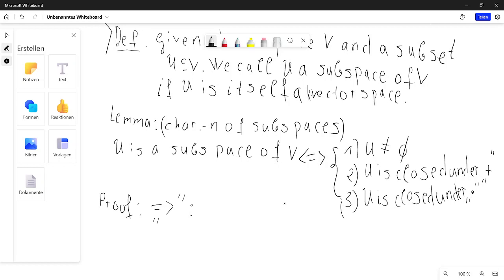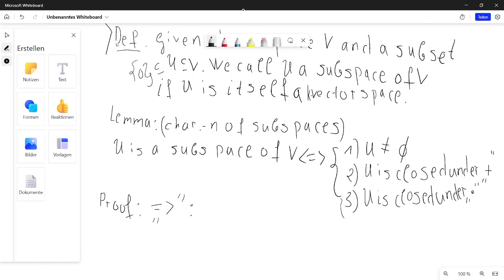Okay, I have forgotten something. We have to assume that it is not empty, so let's always assume that a subspace U contains the zero vector. Otherwise we could have an empty set here, and we could consider empty sets as the general case of vector spaces, but we don't want to do that.